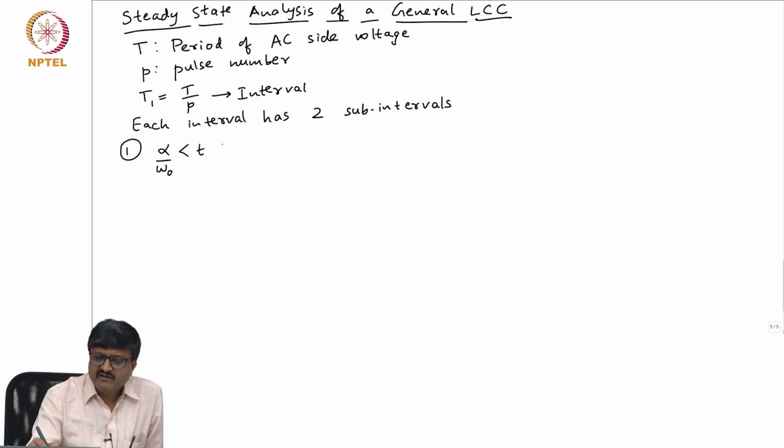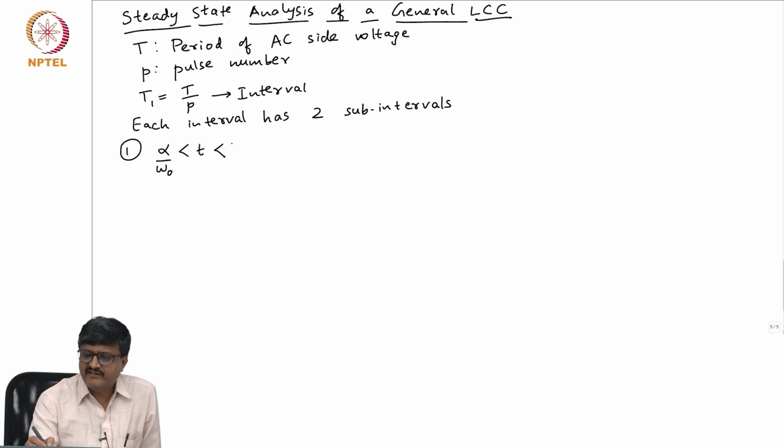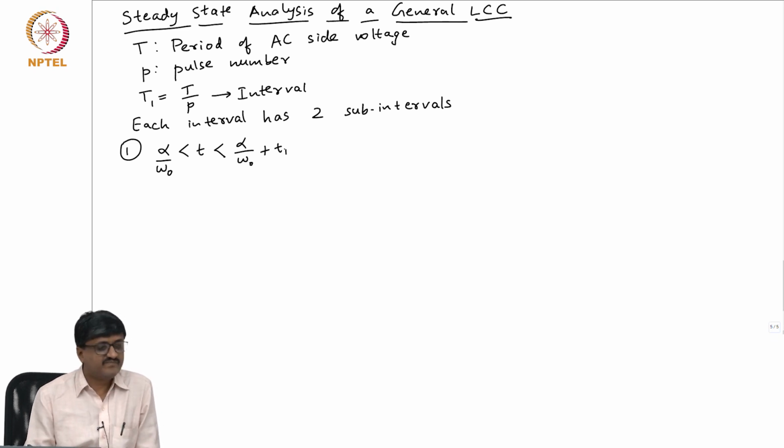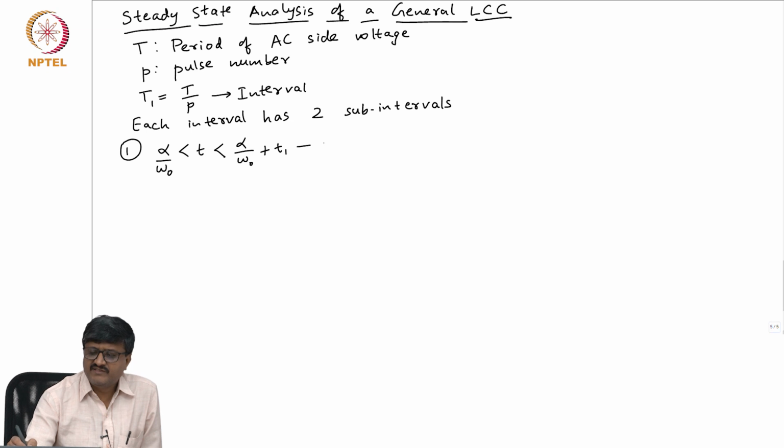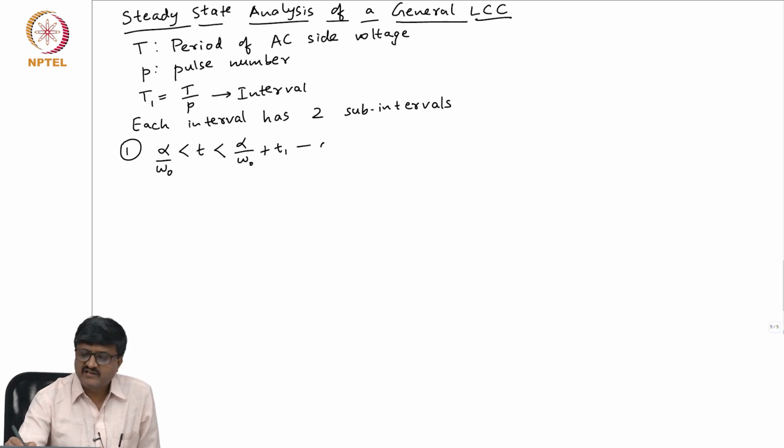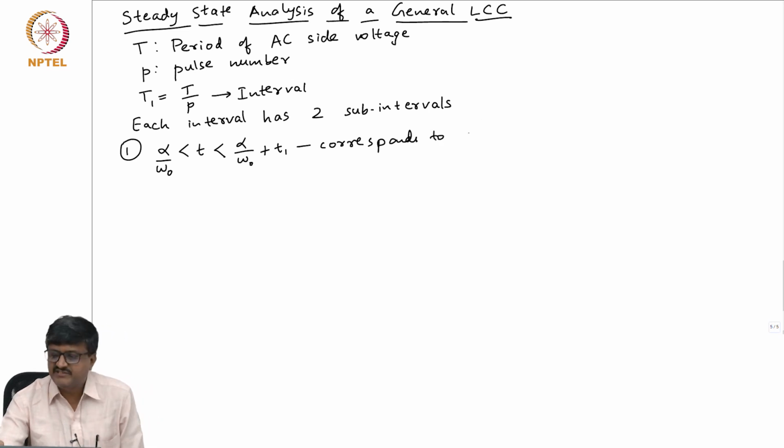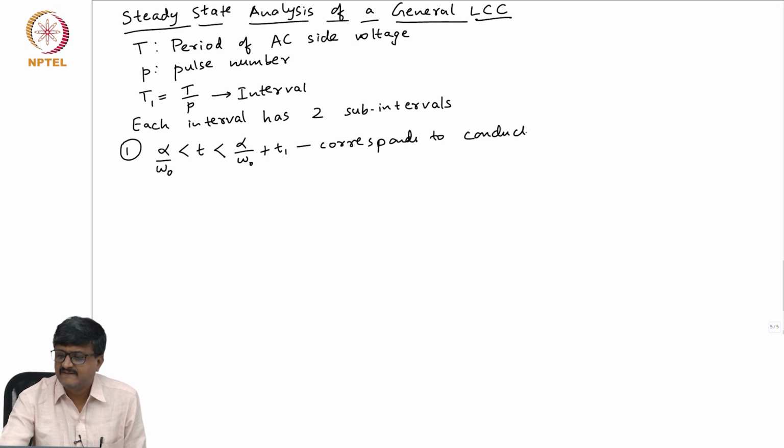Then I will call the other end of the first subinterval as alpha by omega o plus T1. This subinterval corresponds to conduction of m plus 1 valves.